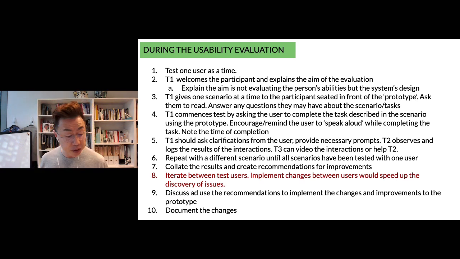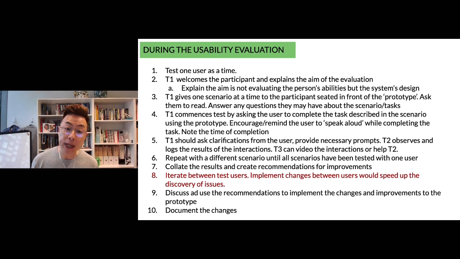So T1 then gives the user the first scenario when the person is seated in front of the prototype and asks them to read it. And if they have any questions, they can ask T1, and then T1 would maybe clarify the scenario to the person. And then T1 will commence the test by asking the user to complete the task described in the scenario by using the prototype.